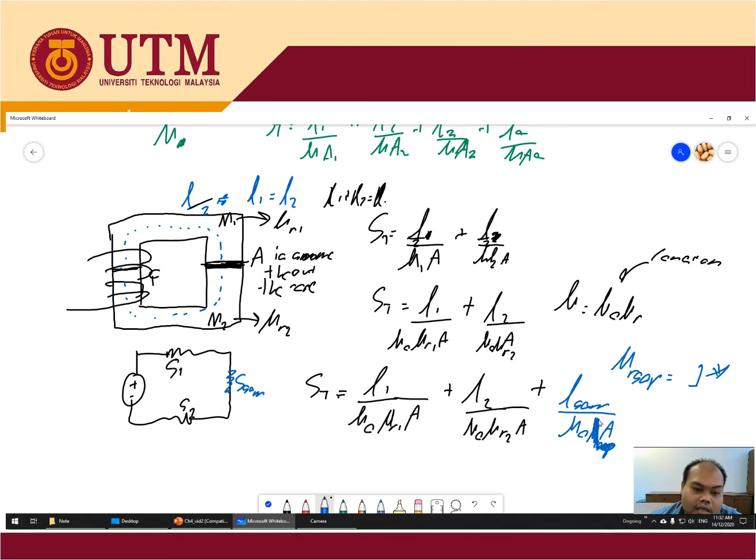There are two things you need to know. If the question says it is separated, you don't have to subtract the gap. The material length is still the same. But if the question tells you that it is cut from one of the materials, make sure you subtract L gap, because when you cut this, the effective length is reduced.